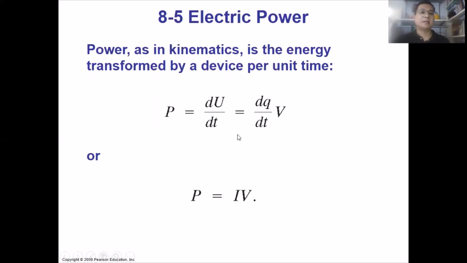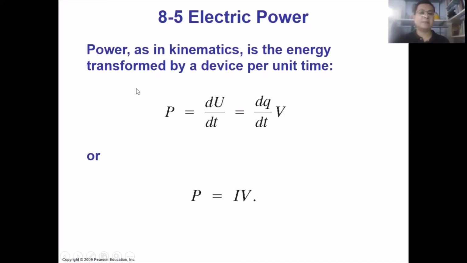In mechanical work, we use joule, but in this case, we will use watt. If we derive the work in electrical, U is equal to Q times V, where Q is electrical charge and V is the potential voltage.